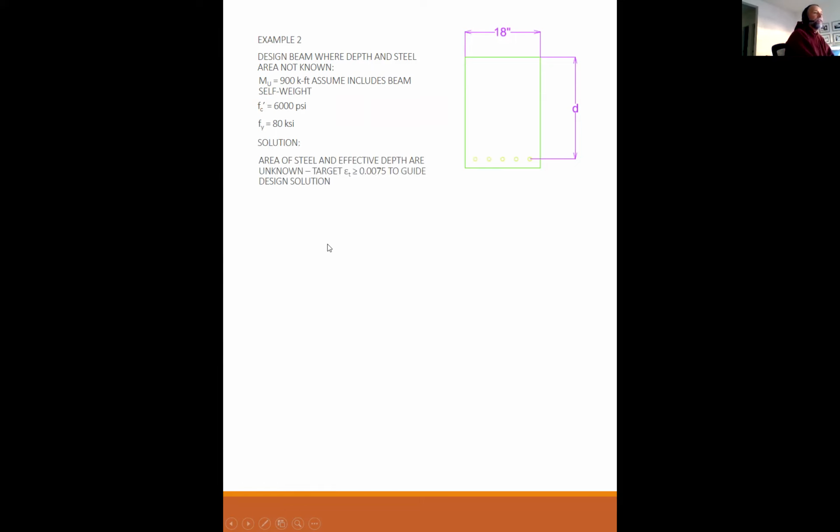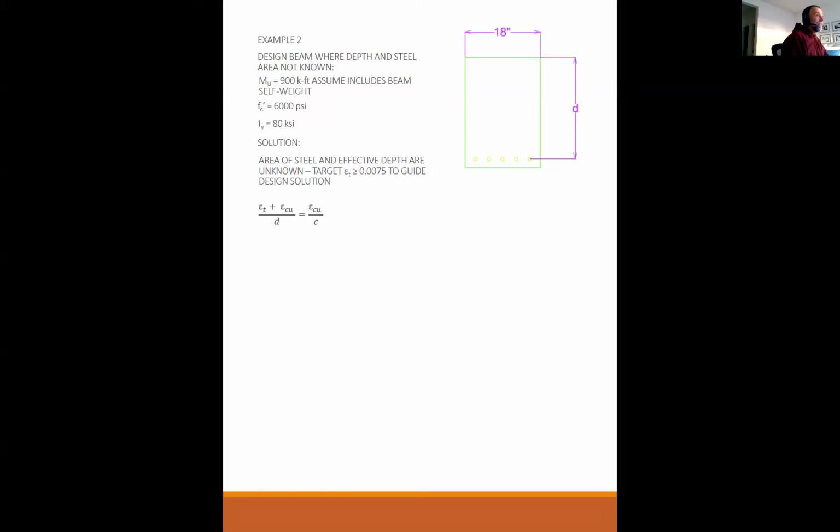Since the area of steel and the effective depth are unknown, we're going to shoot for a target epsilon sub t greater than or equal to 0.0075 to guide the design solution. Keep in mind that design is just that. It takes some engineering judgment, some intuition, and sometimes some trial and error to get the design to be optimal.